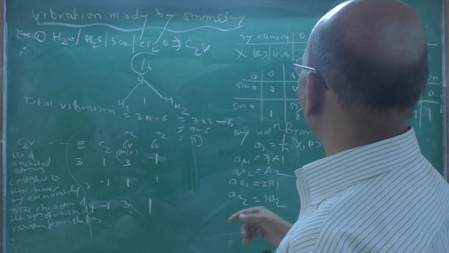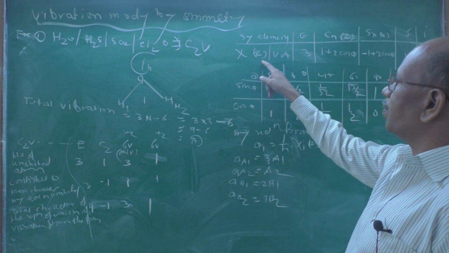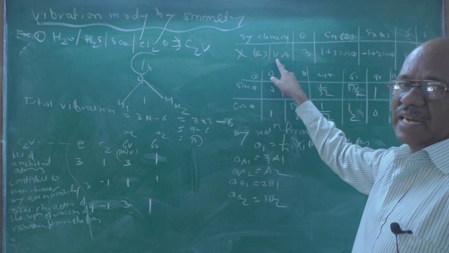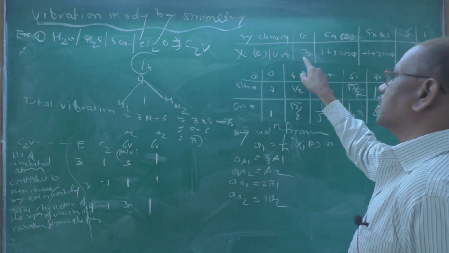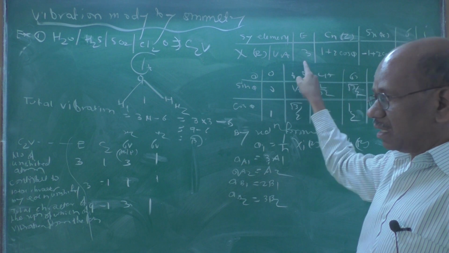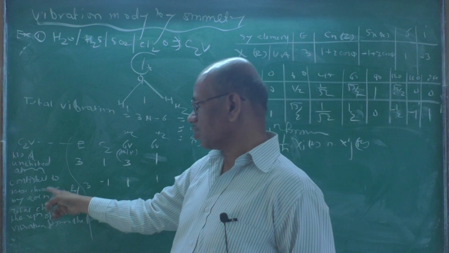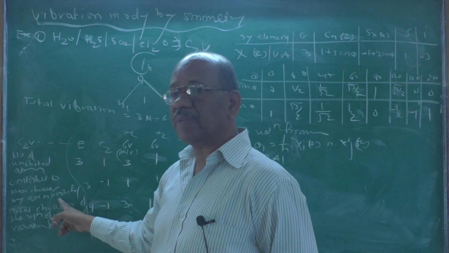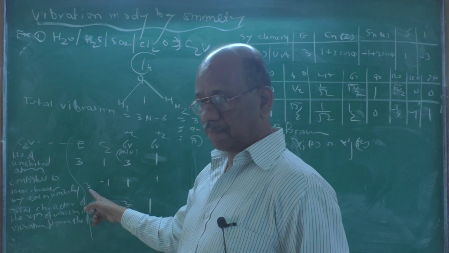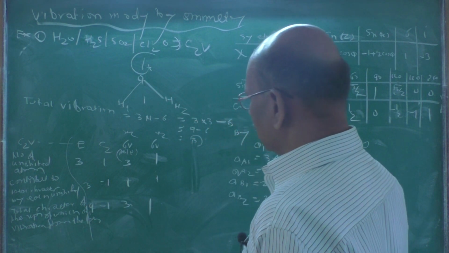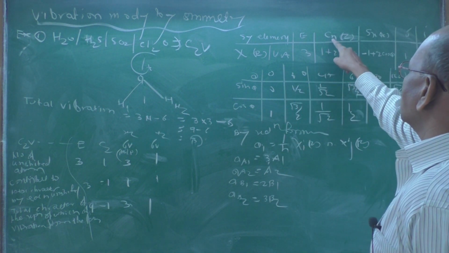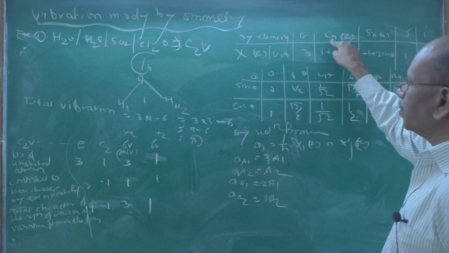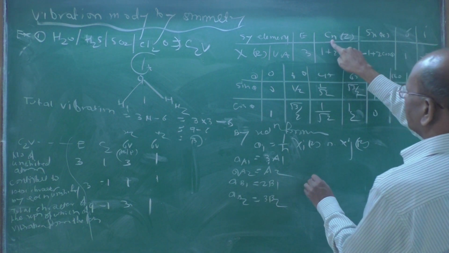Here if we consider this table, by using it the unshifted atom contribution can be calculated. Under identity, the contribution to the total character by each unshifted atom is 3. Then for C2, it is Cn, you consider it as C2.